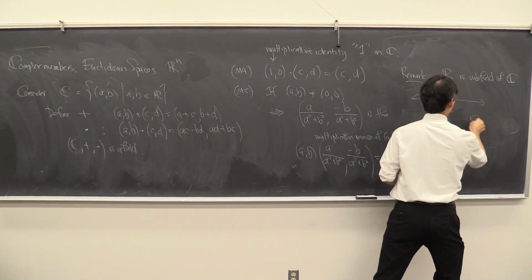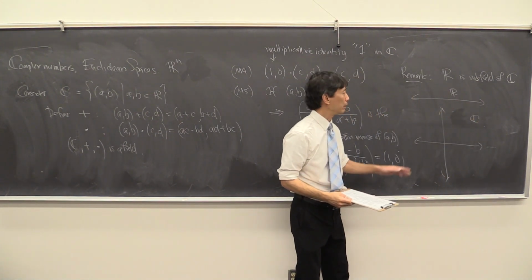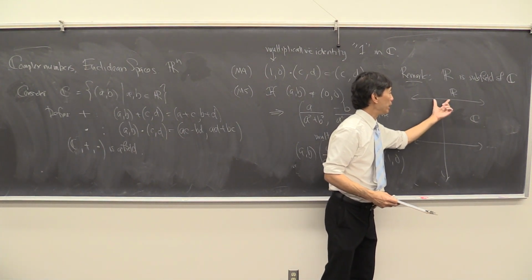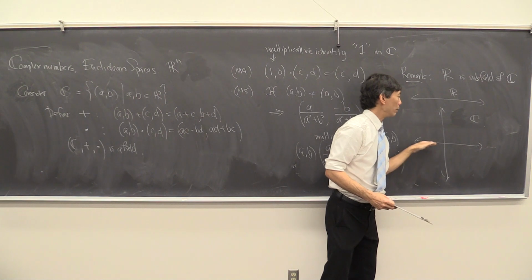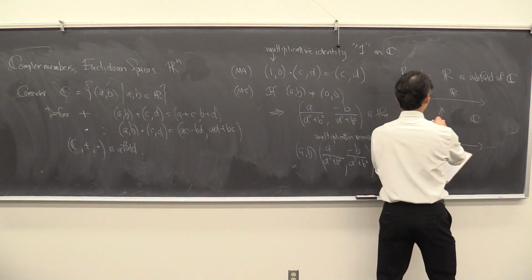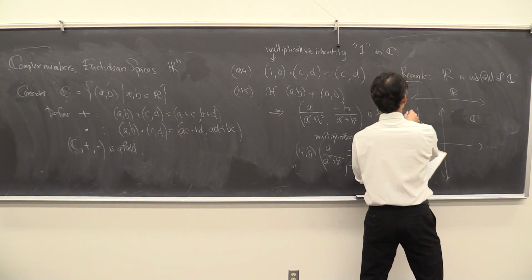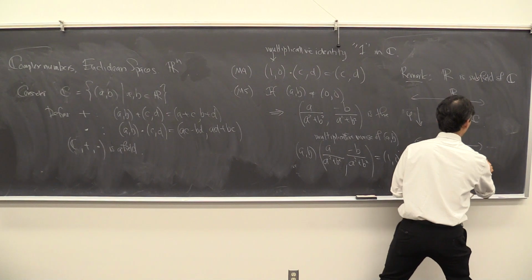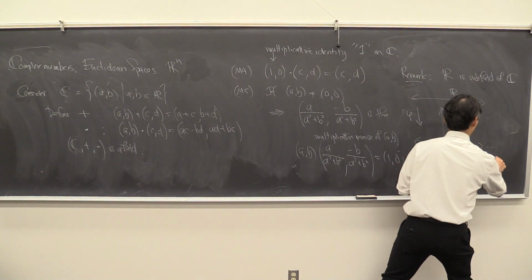If you take the real line and identify everything here with the x-axis, you create a map. Let's call it phi. So map the number x to (x, 0).